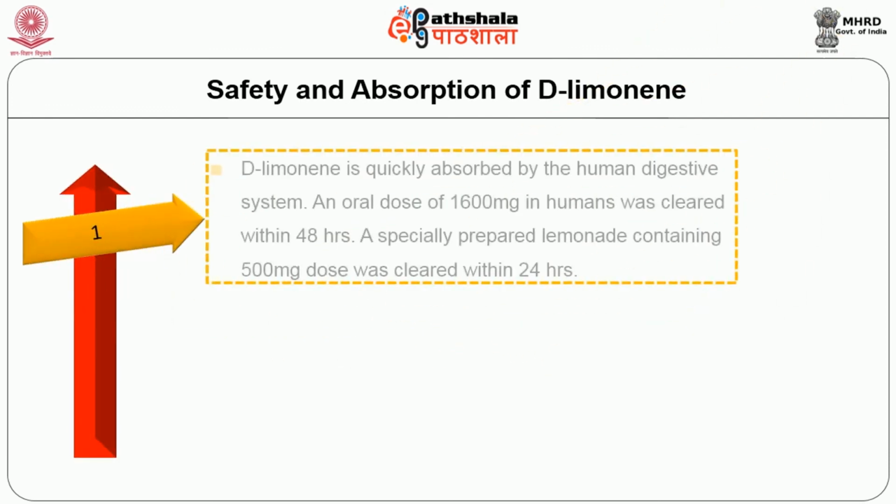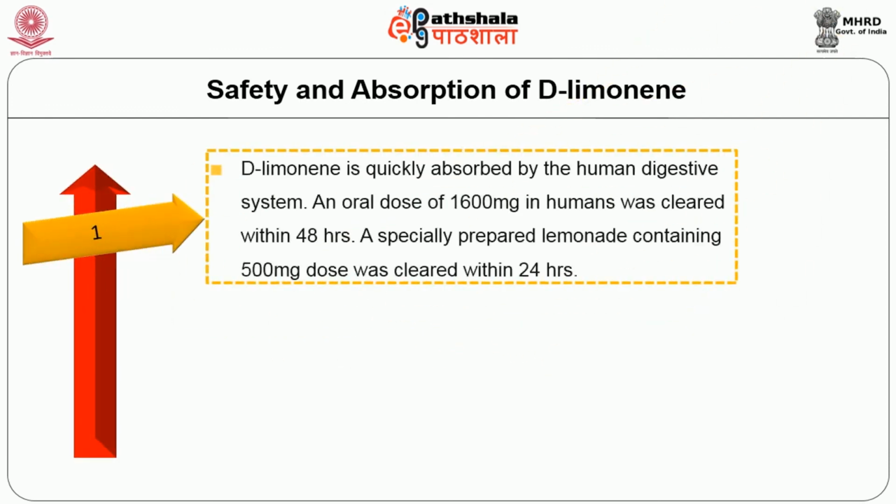D-limonene is quickly absorbed by the human digestive system, and so an oral dose of 1600 milligrams in humans was cleared within 48 hours. A specially prepared lemonade containing a 500 milligram dose was cleared within 24 hours.